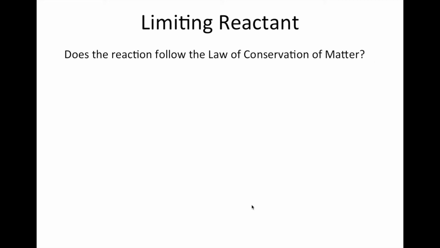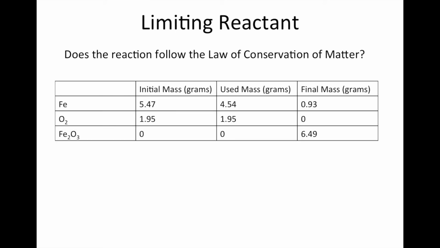Now, one other thing I want to point out to you is that this chemical reaction must follow the law of conservation of matter. So I set up this little table here. These are the masses of iron and oxygen that were given in our problem. And of course, the product, we didn't have any of that at the very beginning because the reaction hadn't started.